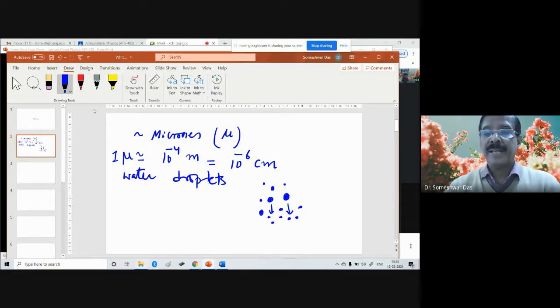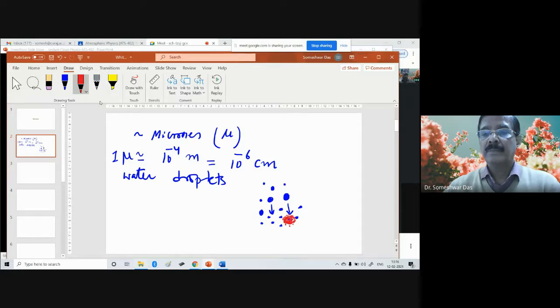Because of the collision between two water droplets of different sizes, they merge into each other and become a very big droplet. So this drop after collision, let us say, has become of this size.